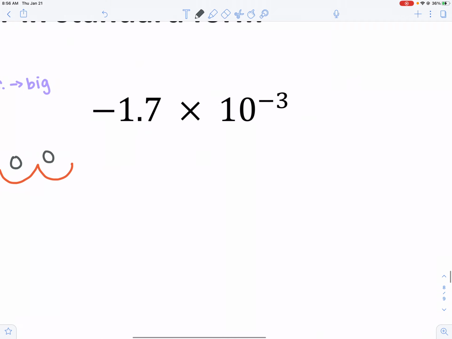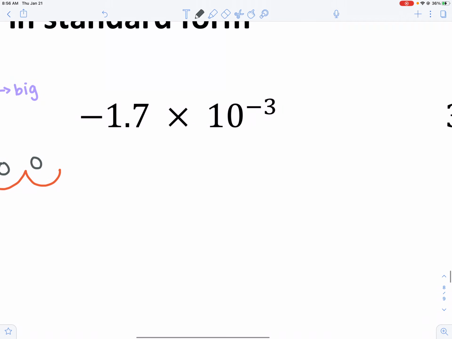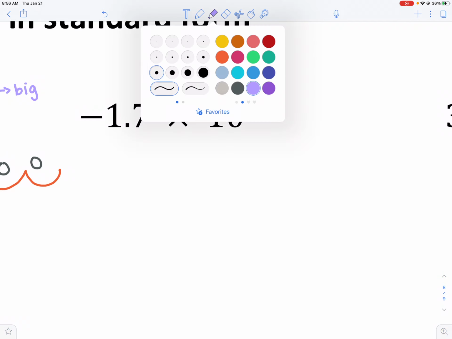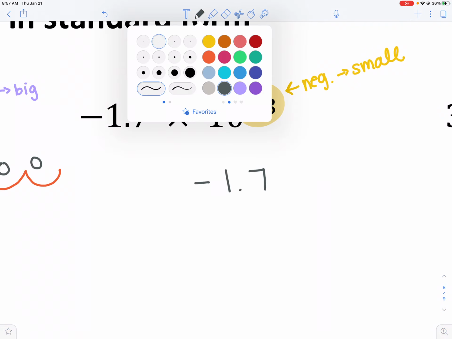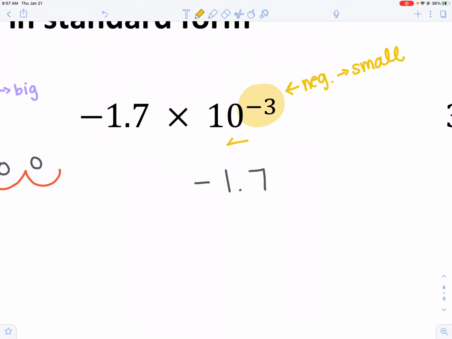All right, the next one, negative 1.7 times 10 to the negative 3. All right, well, negative 3, because it is negative, that tells me that I need to make this number smaller. So because that's negative, I need to make that number smaller. Well, if I move this decimal to the left, that's going to make 1.7 smaller.